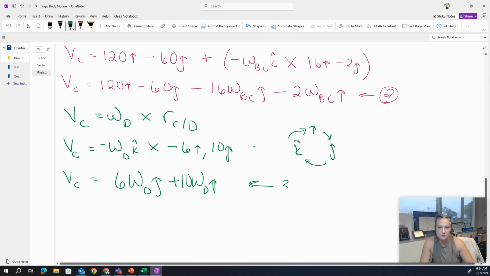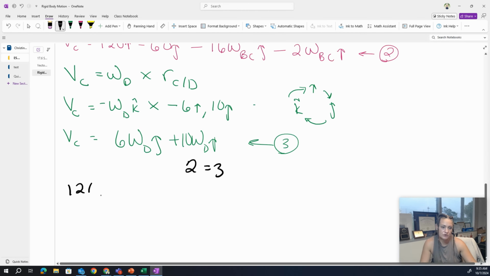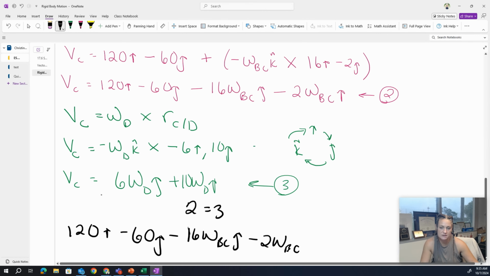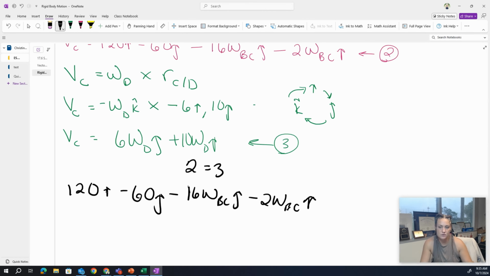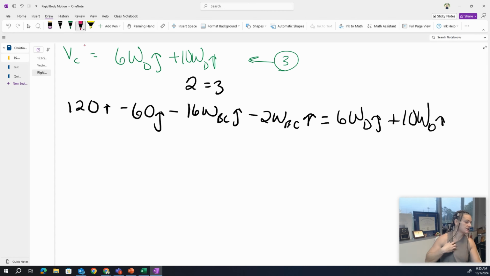So this is my equation 3. Now I need to set 2 equal to 3. So I'm going to have 120I minus 60J minus 16 omega BC J minus 2 omega BC I, and I'm setting that equal to 6 omega D J plus 10 omega D I. One vector equation that has 2 units in it is actually going to be 2 scalar equations.